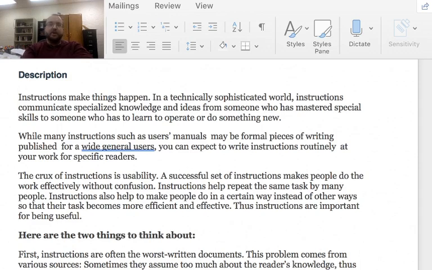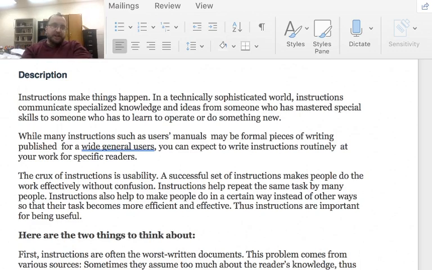So I always appreciate when good instructions are written. It doesn't matter if you're doing a speech or if you're writing a document. The assignment of instructions is good for communication purposes.